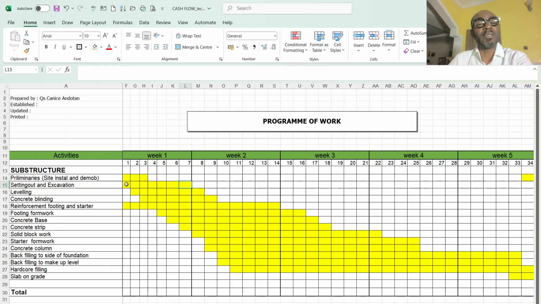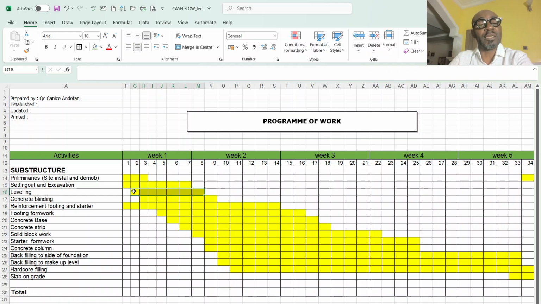This is also assumed that the site has been cleared and topsoil has been removed, so you're just moving in to start your site installation, setting out, then excavation will commence. Then the leveling and compacting will start 1 day after excavation commences.